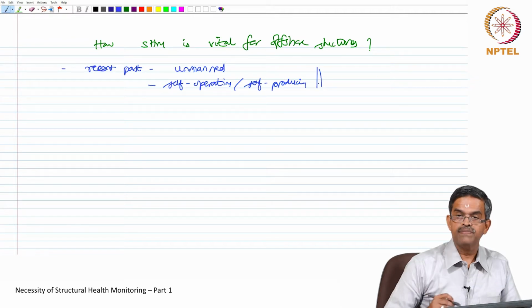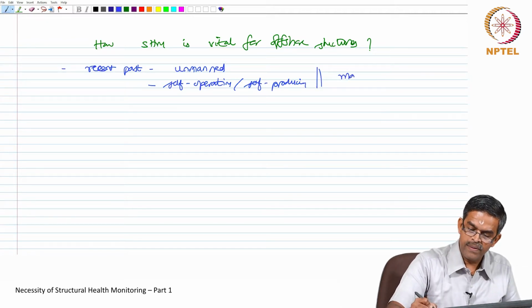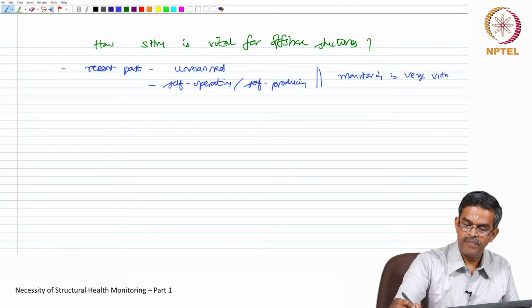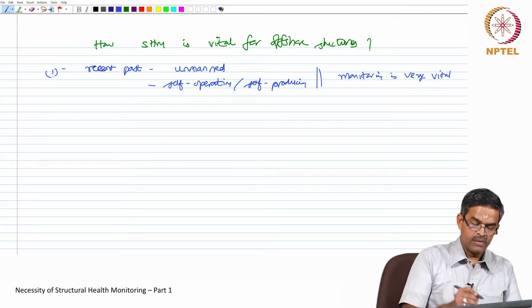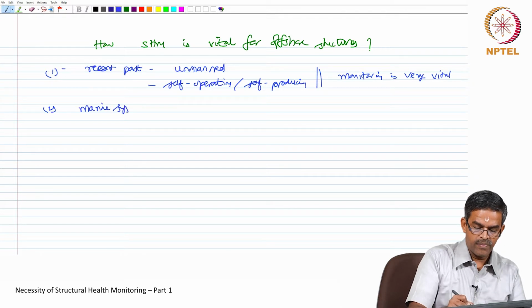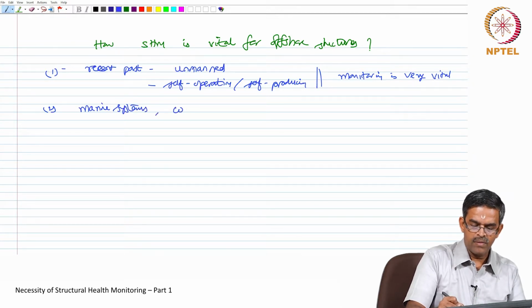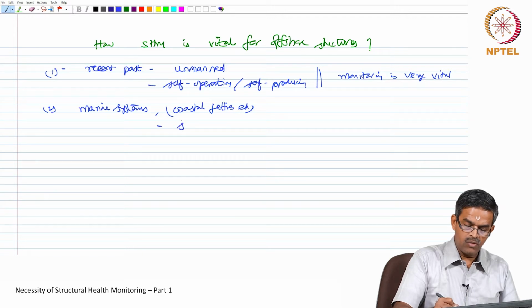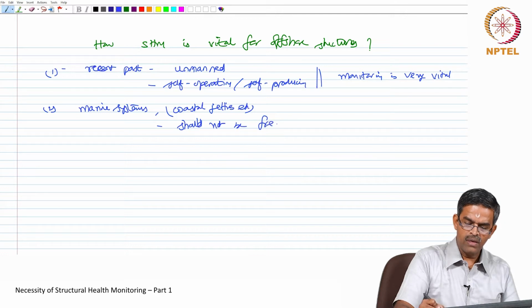In such cases, continuous monitoring is very vital. Secondly, marine structural systems like coastal jetties, etc., should not be frequently intervened for repair.